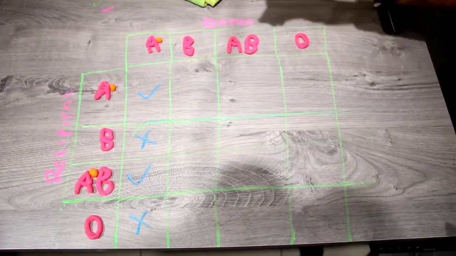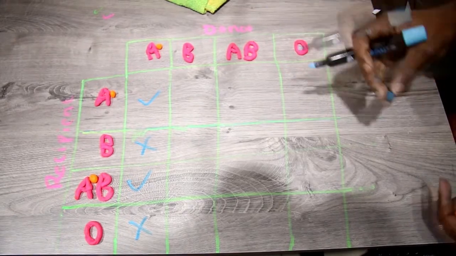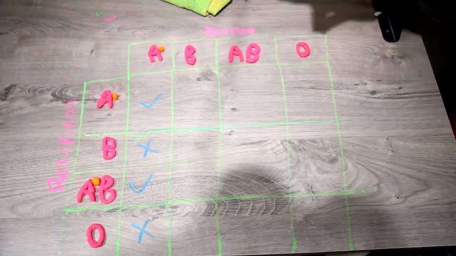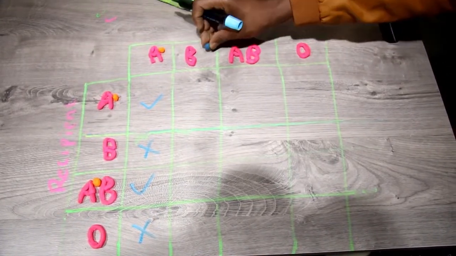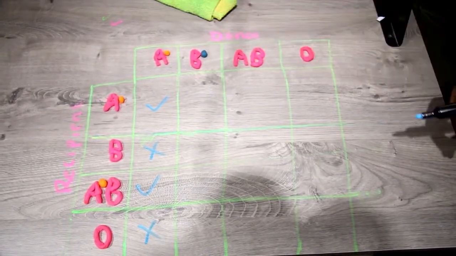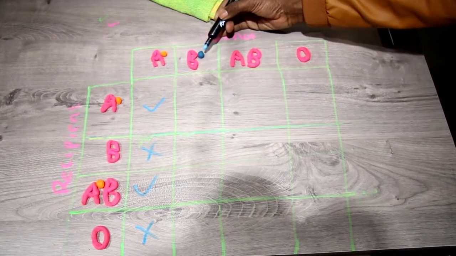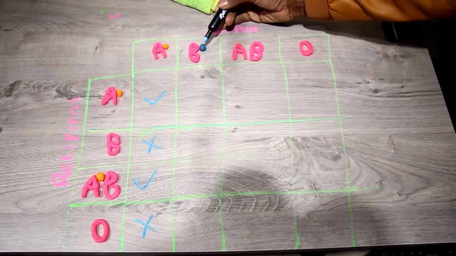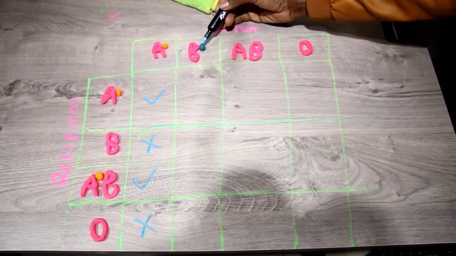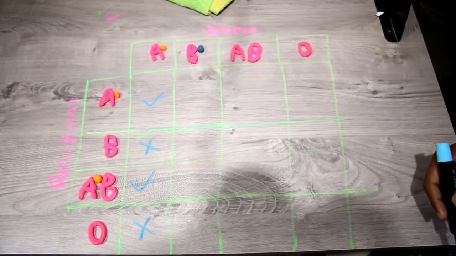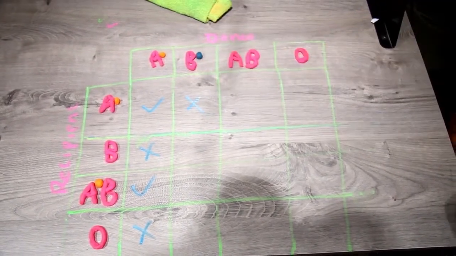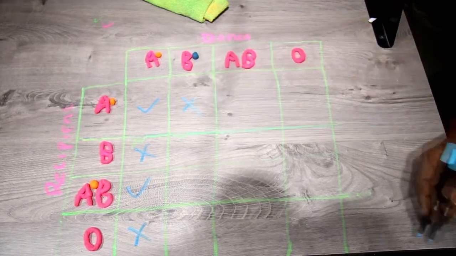Now let's do this together again. I want you to follow with me. Try drawing your own table, and let's do it slowly together. Remember, blood group B has B antigens. Do you think it can donate to A? No. Why? Because A has only A antigens. Can it give to B? Yes. Why?